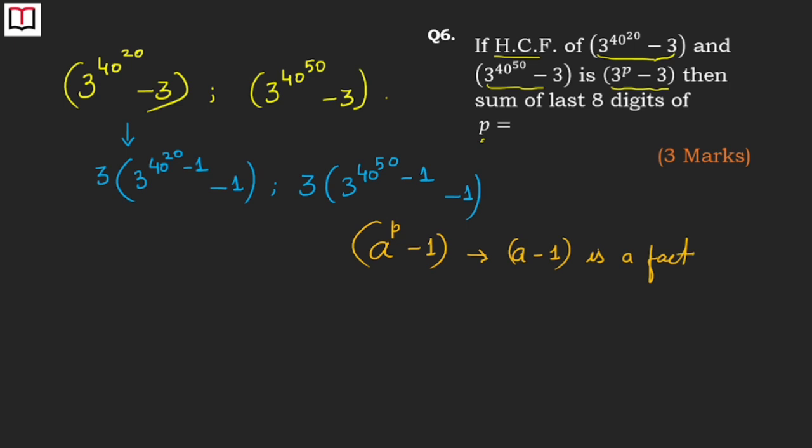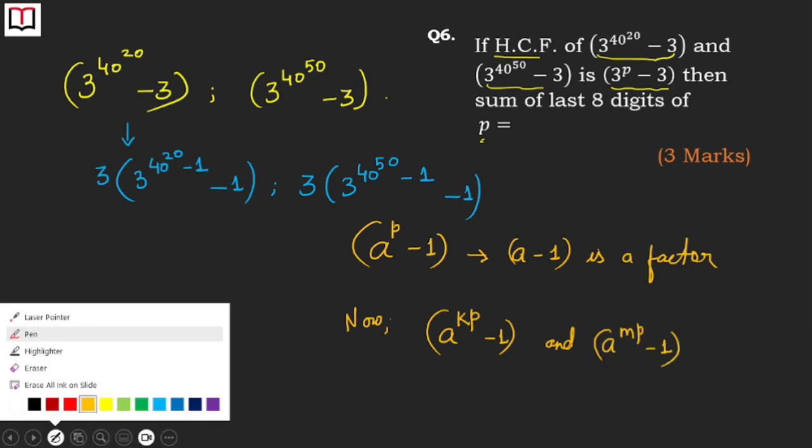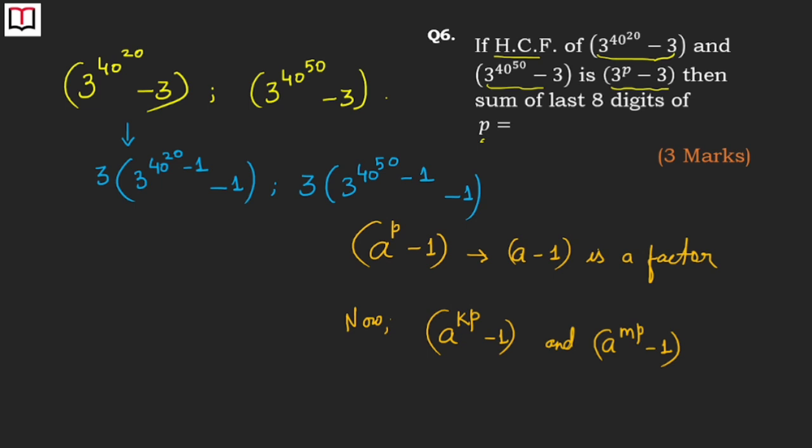Now, if I write a raised to the power k times p minus 1, and a raised to the power m times p minus 1, what can we say from here, children? This implies a raised to the power p minus 1 is a common factor for both of them. Do you all agree?